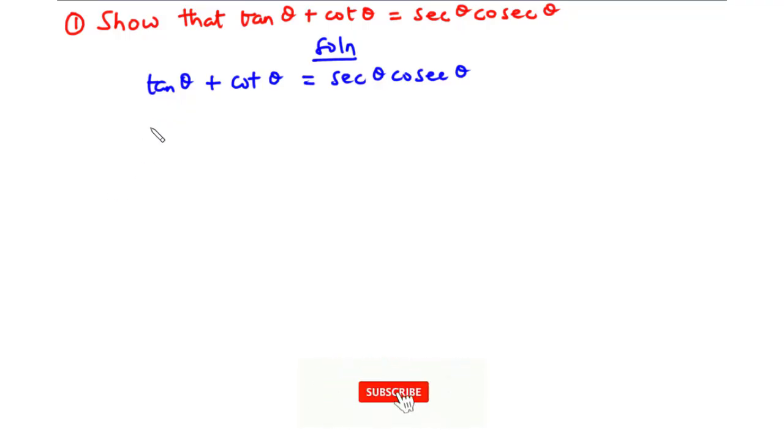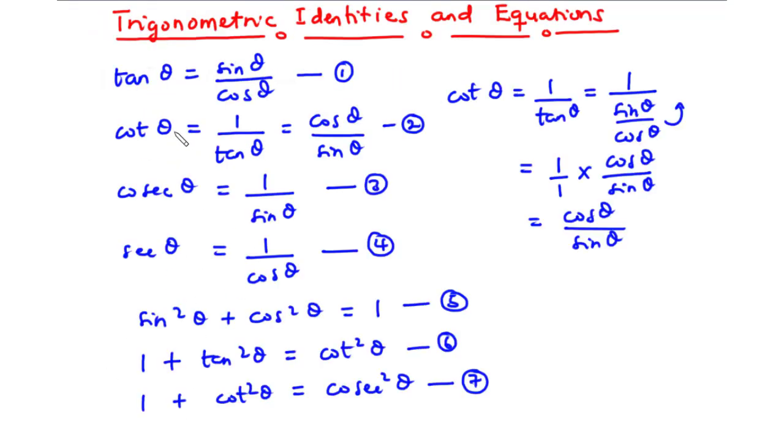Now we know that tan theta is equal to sin theta over cos theta, and then we know that cot theta is also equal to cos theta over sin theta.